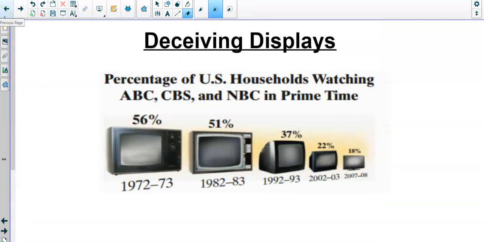Then there's this one. What's the matter with this? Percentage of U.S. households watching ABC, CBS, and NBC in prime time. What's going on?